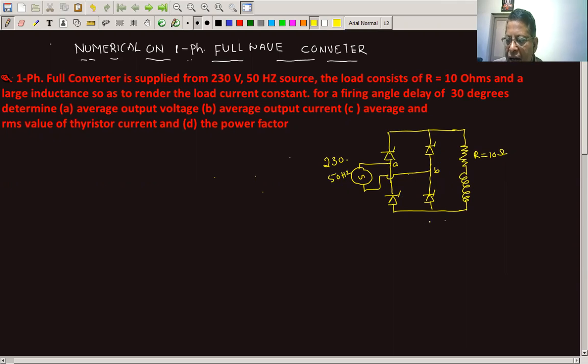And the firing angle for this series is given as alpha equal to 30 degrees, whereas L value is very high. Load current is constant. Here it is given as I naught equal to constant.